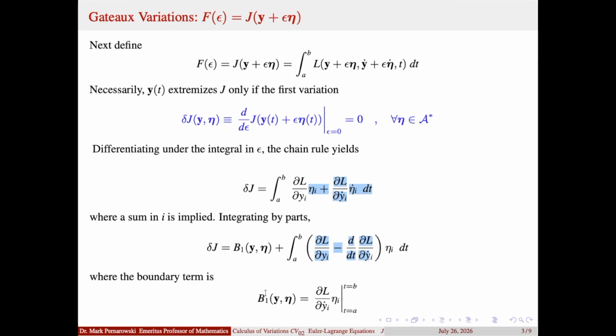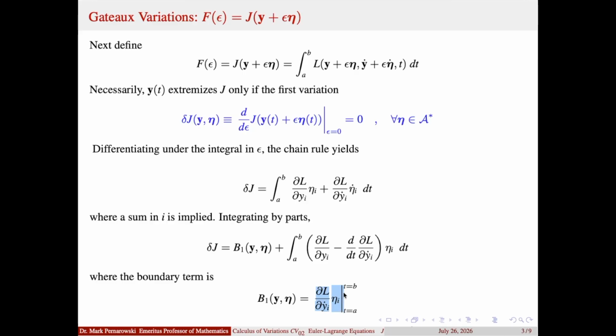And this boundary term, as I just said, is this expression here evaluated between t is equal to a and b. Now, before I move to the next slide, I'm going to point out something here. Eta is in the set A star, and A star has eta equal to 0 at both of these endpoints.